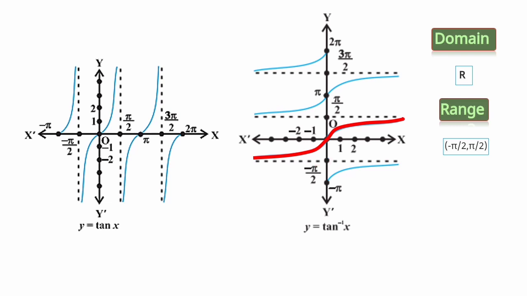If you take -pi by 2 and +pi by 2, both are not included. -pi by 2 also we cannot take, pi by 2 also we cannot take, but the values in between these two, because here the graph is very close to -pi by 2 but not touching it. Here also the same thing, the graph is very close to +pi by 2 but it is not touching +pi by 2. So the range is from -pi by 2 to +pi by 2.